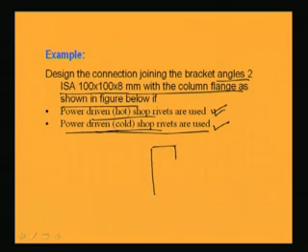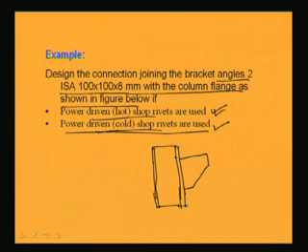Say, rivets are connected like this, meaning perpendicular to the plane of the joint.